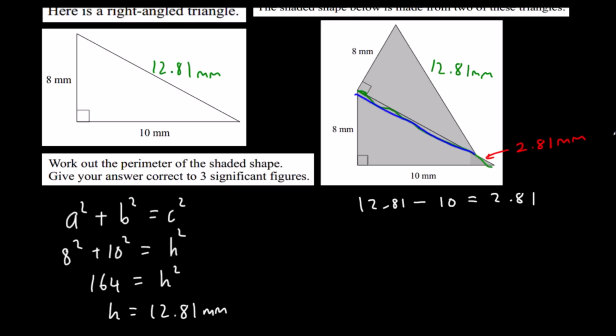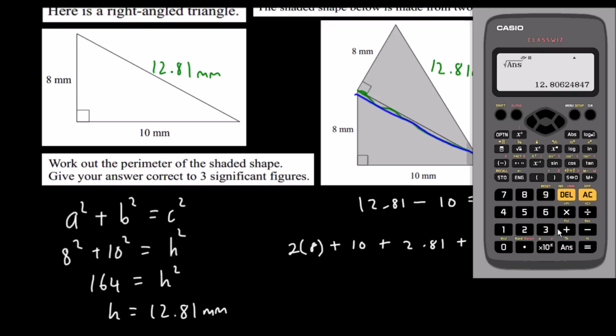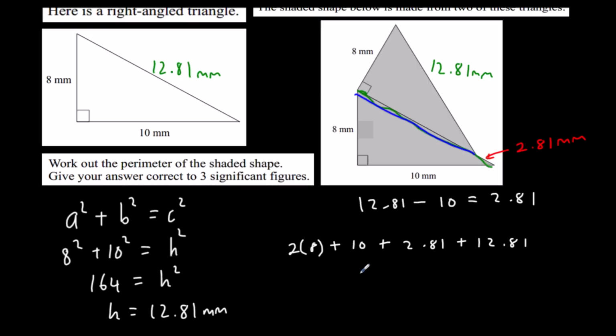So now we've got all the lengths, we can add them together. So we have 2 8s, a 10, a 2.81, and a 12.81. Added together, we get 41.6. 41.6 millimeters is the perimeter.